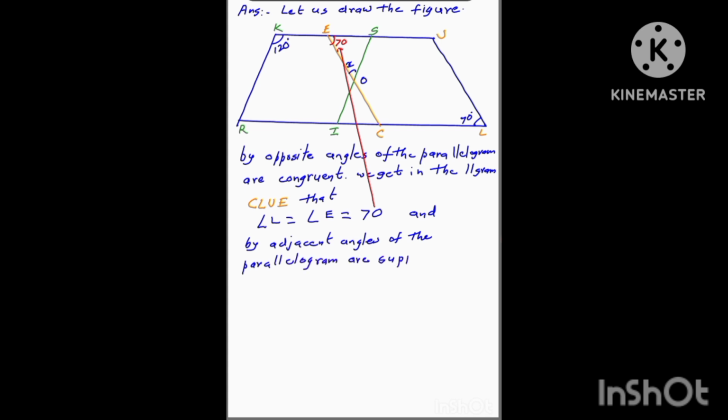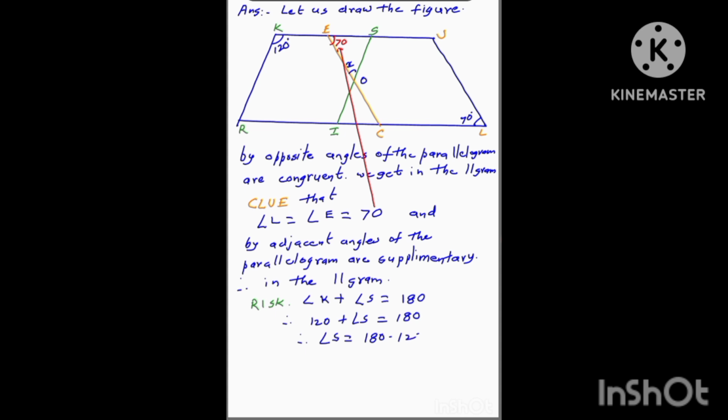So in parallelogram RISK, angle K plus angle S is equal to 180. We know angle K is 120, so 120 plus angle S is equal to 180. So angle S is 180 minus 120, which is 60.